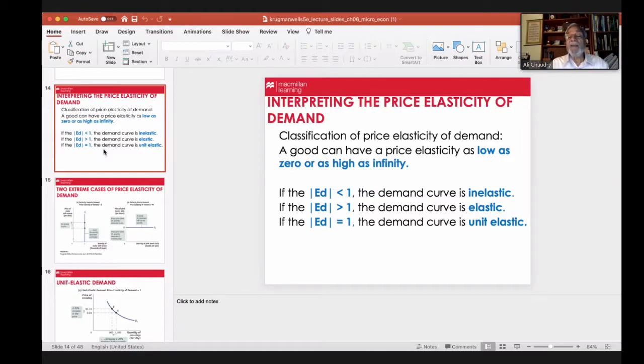Now, if the number is less than 1, the actual magnitude of the number will tell us how inelastic that is.